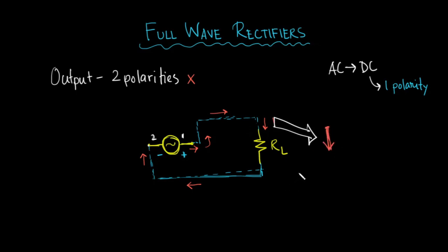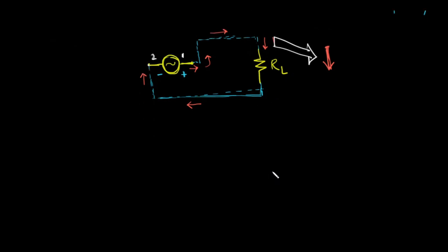All right. Now suppose our voltage source, this was the positive cycle, reverses its polarity in the negative cycle, and I have my load resistance here.